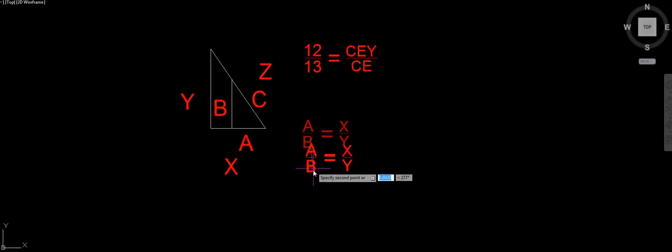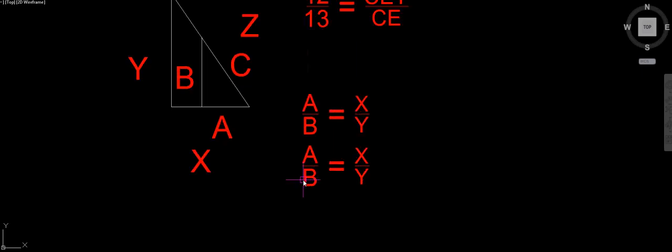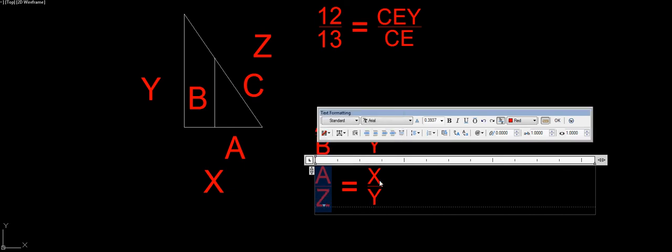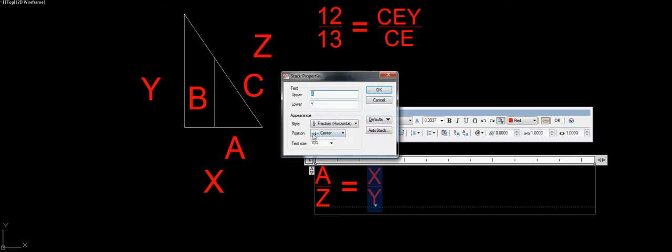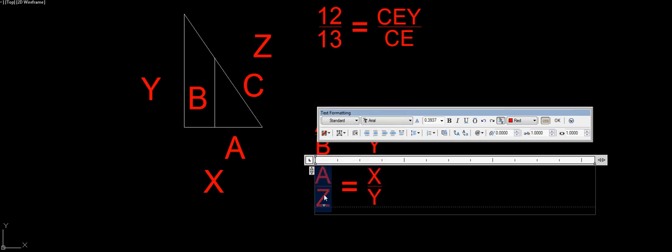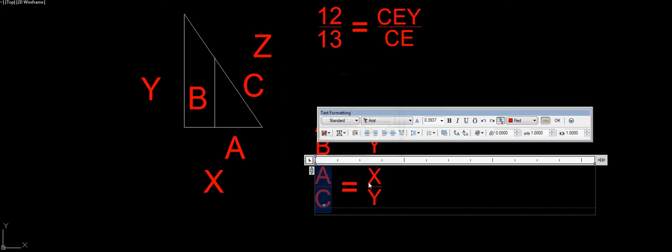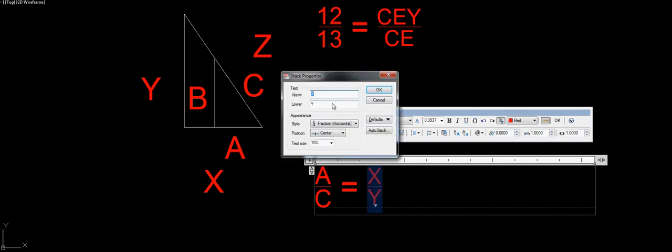It is also the same as saying, let's say for instance, A divided by Z is equal to, I'm sorry, I think I just made a mistake. A divided by C is equal to X divided by Z.